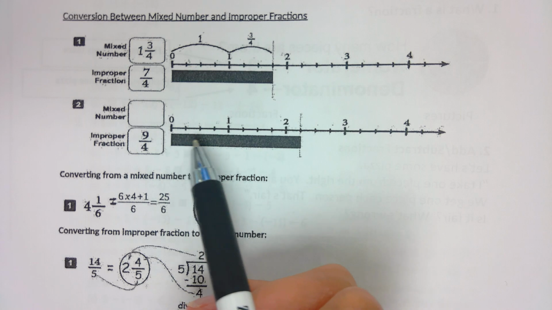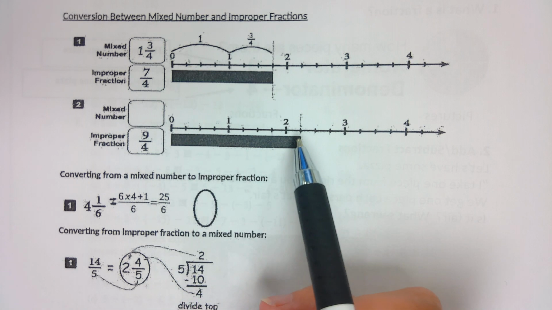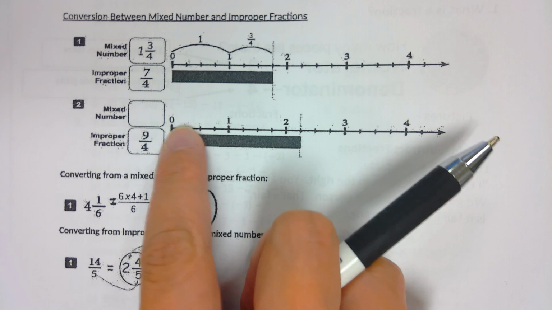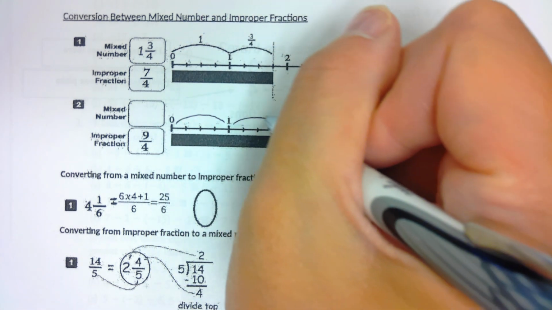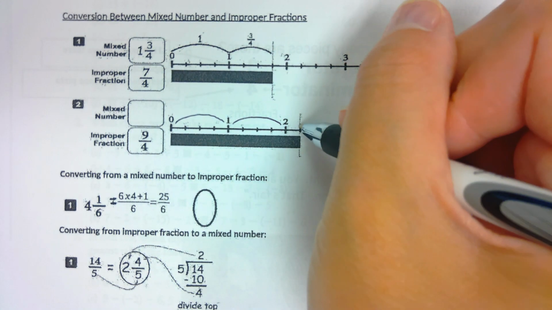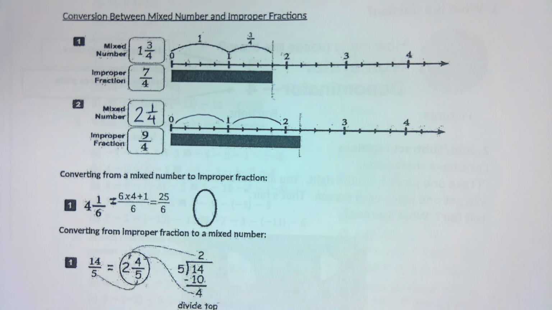Similarly, right here, if I have 9 small sections out of 4 for each whole, I have 9/4, or as a mixed number, it's 2 whole and 1/4.